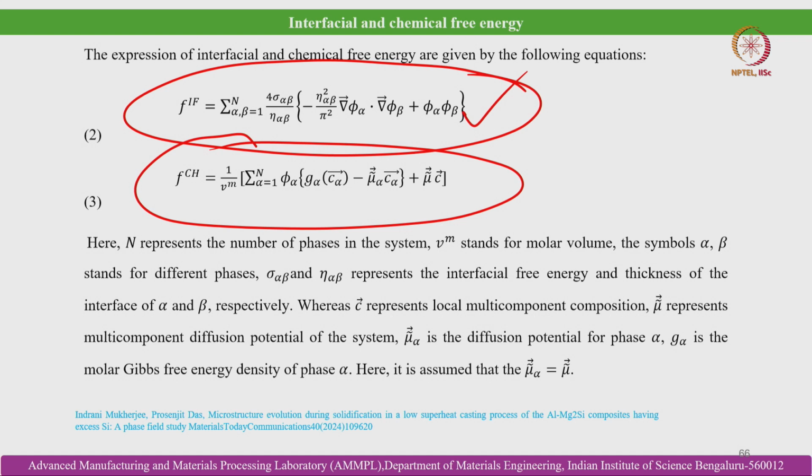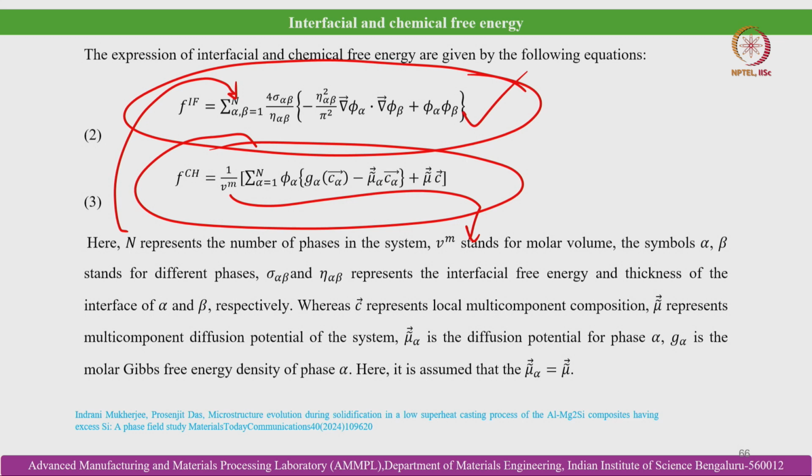Here capital N is basically this one which is shown. Capital N represents the number of phases available in the system, where Vm stands for the molar volume. The symbols alpha and beta stand for different phases that are evolving within the solidifying melt.